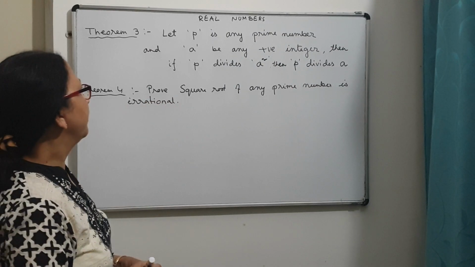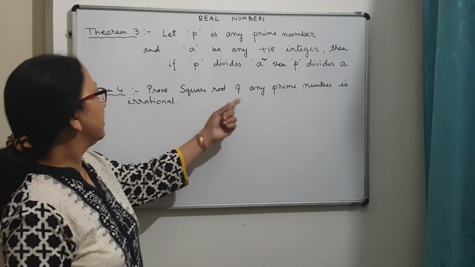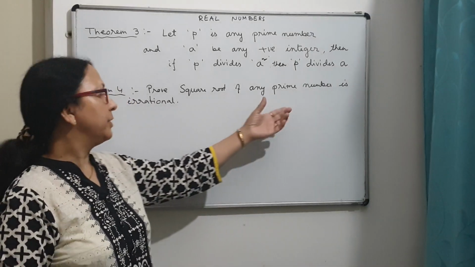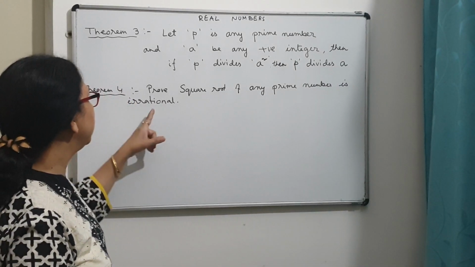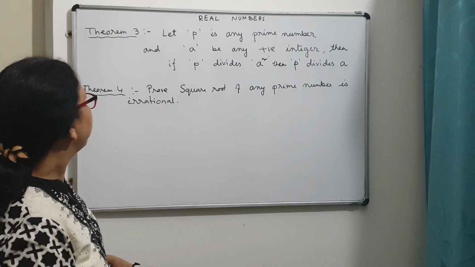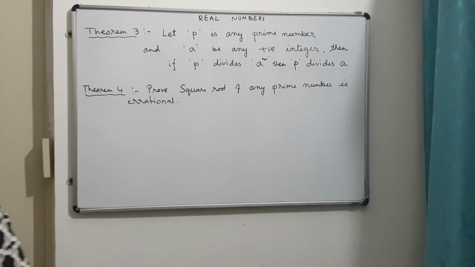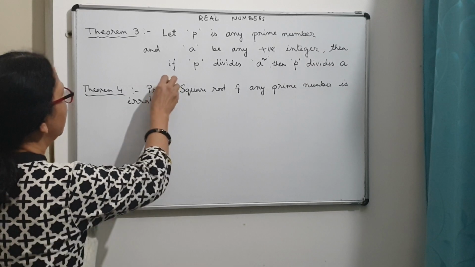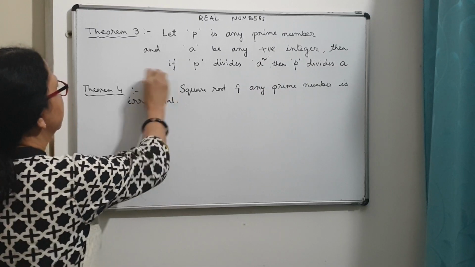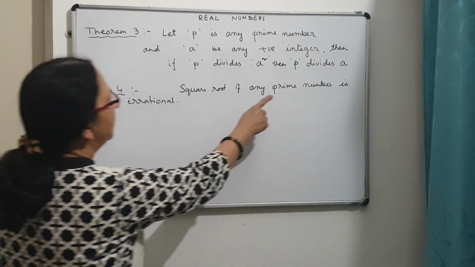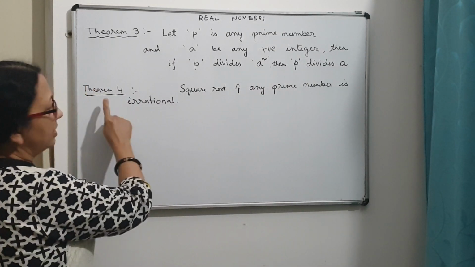So this is the general statement of the theorem, that is, square root of any prime number is irrational. This is the theorem, so don't write the proof here.